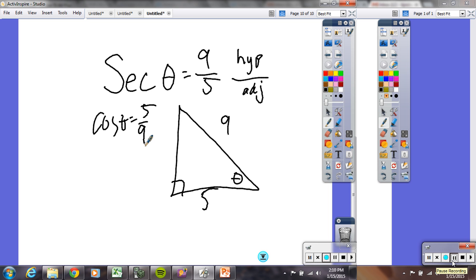How do we get this other side? Good old Pythagoras. 5 squared plus b squared equals 81. So b squared equals 81 minus 25, which is 56. Then I need to simplify that. It'd be 2 root 14, I believe. 2 root 14.